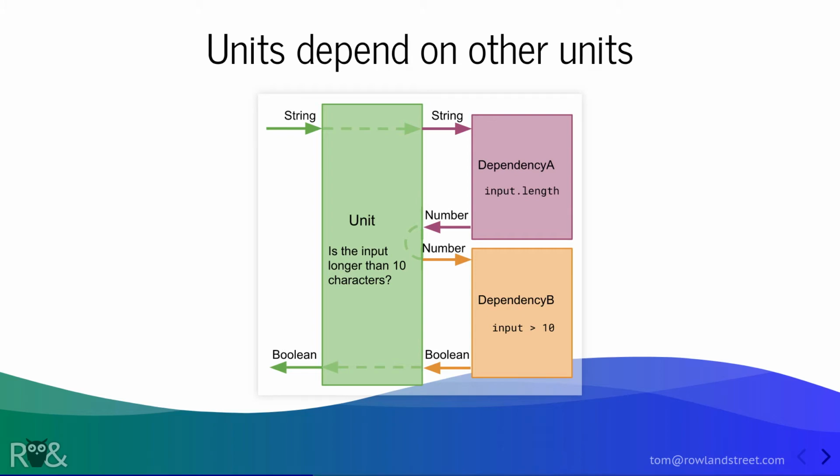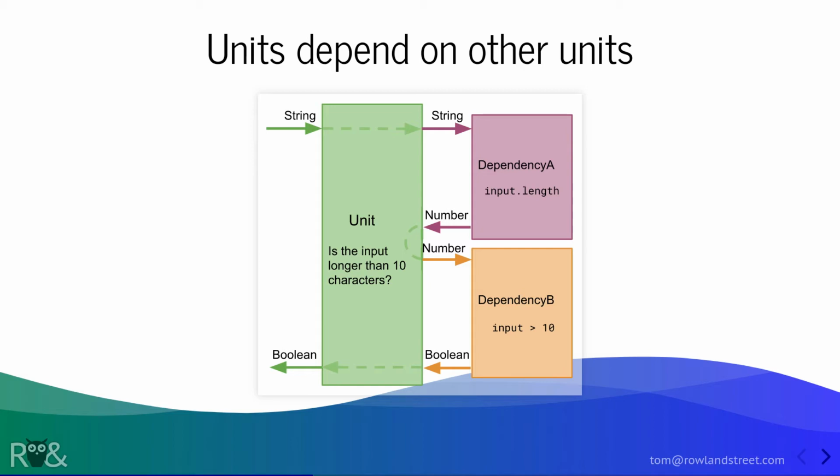So here it's got two dependencies. The first dependency A can only calculate the length of the string. Dependency B can only compare a number with the number 10. But the main unit now composes those units together to perform the logic of first getting the length of the string and then comparing it with the number 10.